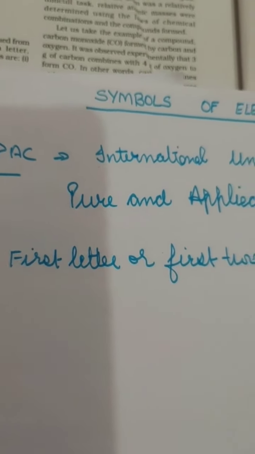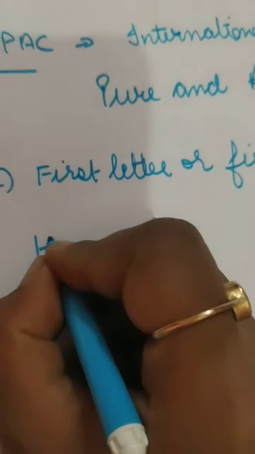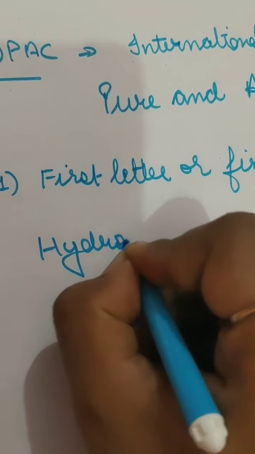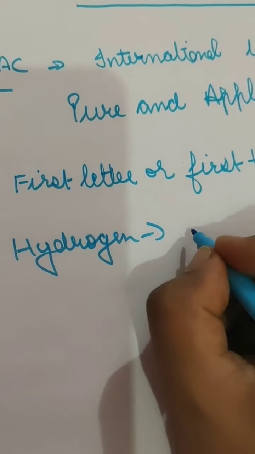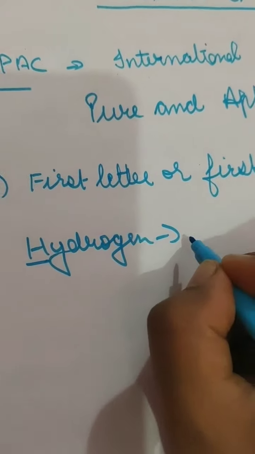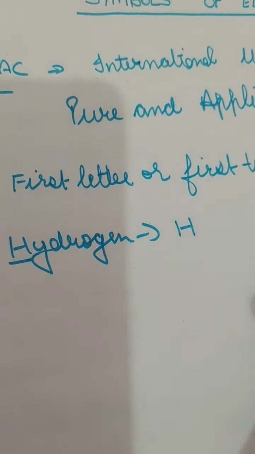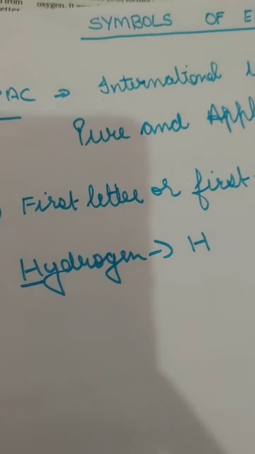For example, hydrogen is spelled H-Y-D-R-O-G-E-N, but we use the first letter, H, as the symbol. So we use H here.